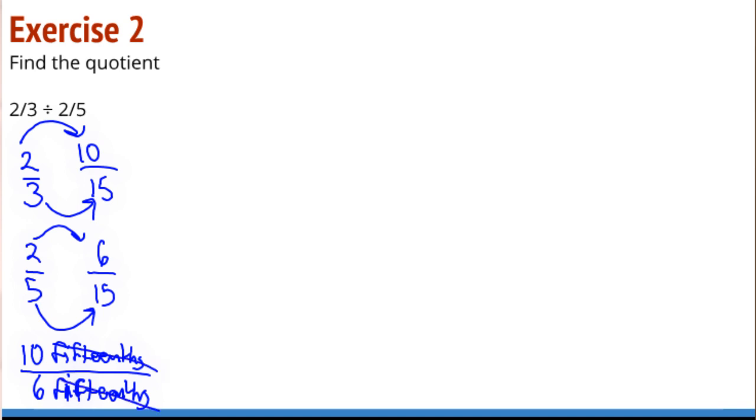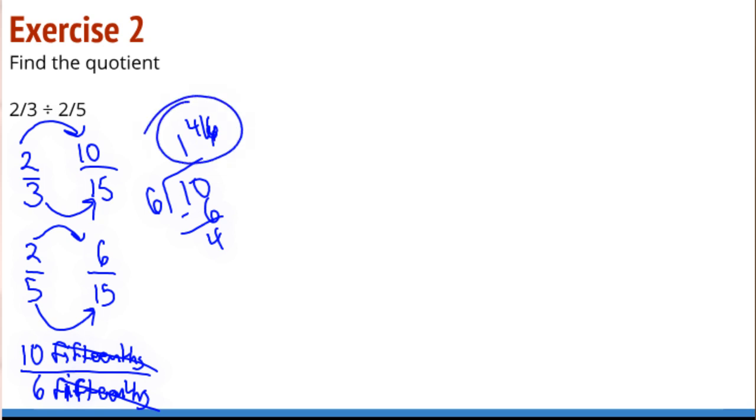And the 15ths will cancel each other out. I've got 10 divided by 6, which will leave me with 1 4/6 as a quotient, which I know you could simplify to be 1 2/3.